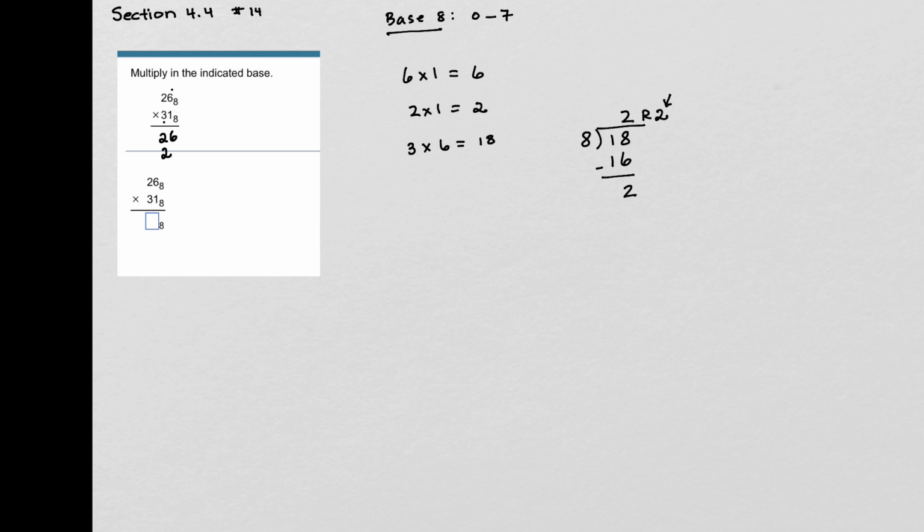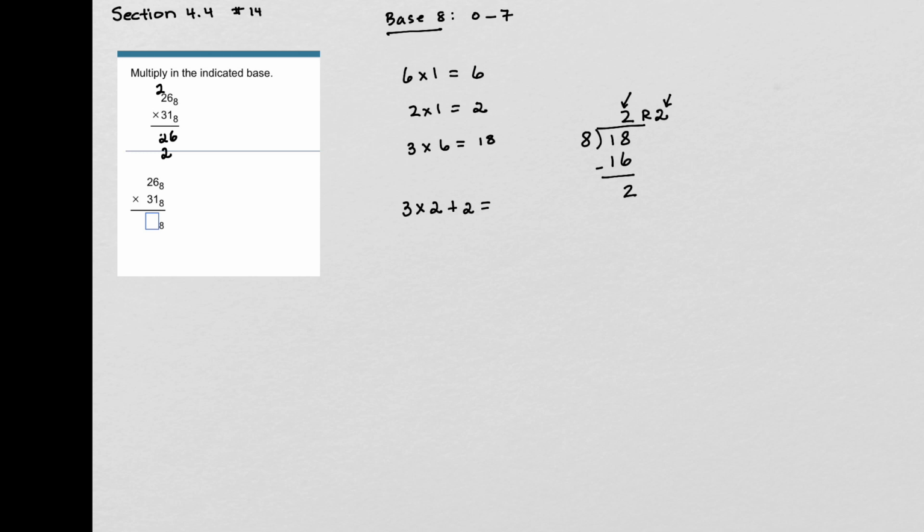We move over one place value each time we move over a place value. And this 2 is going to carry. So now I have 3 times 2, so 3 times this 2, and then we're going to add the other 2.